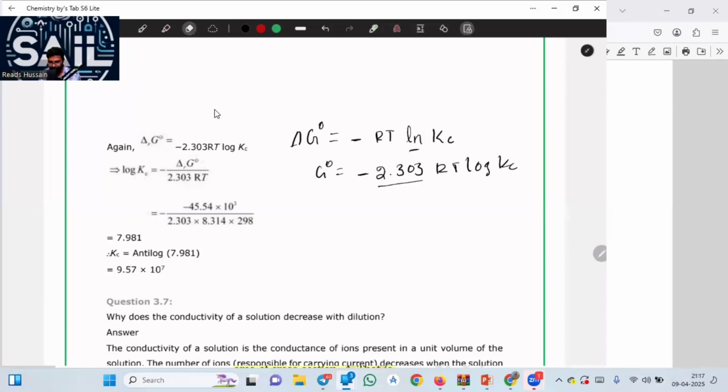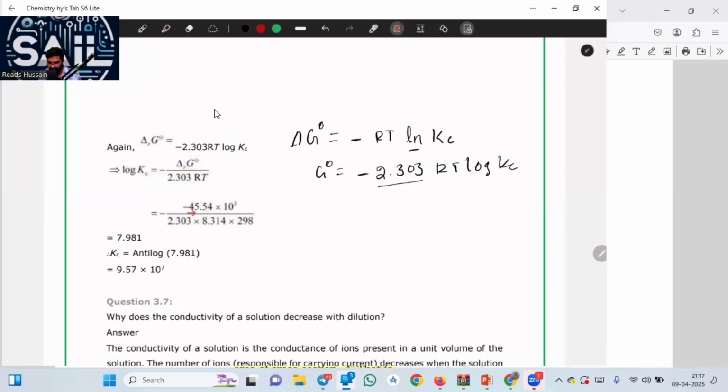See here, this is the formula, and here we need to find log Kc. Log Kc is equal to minus delta G naught by 2.303 RT, where 2.303 RT goes to the denominator. Now substitute the values.